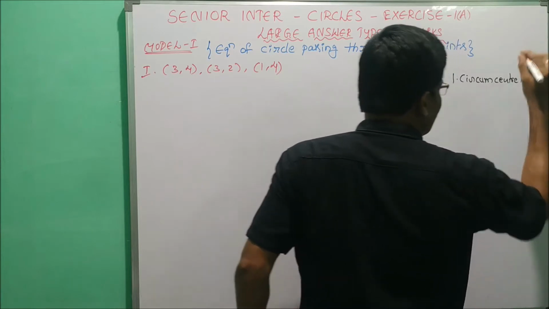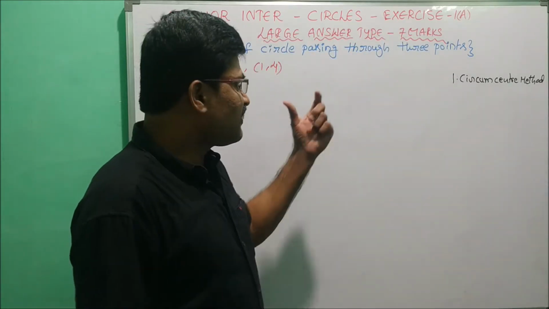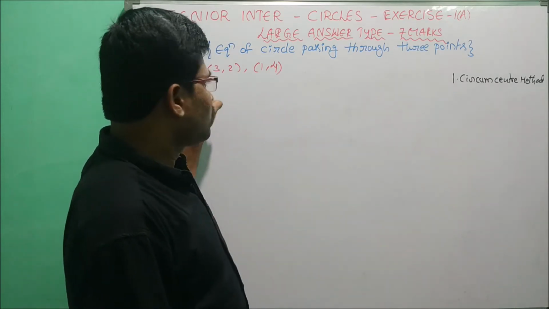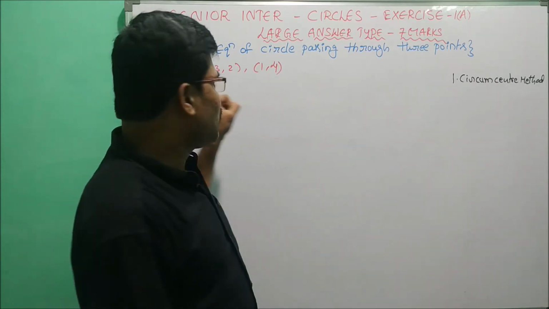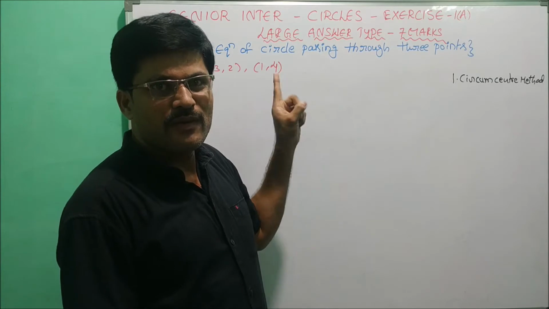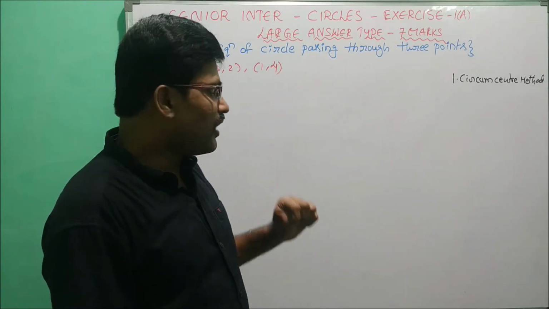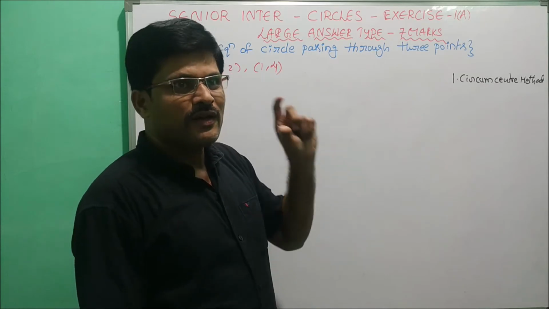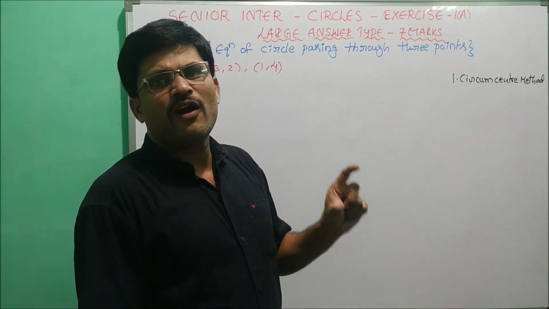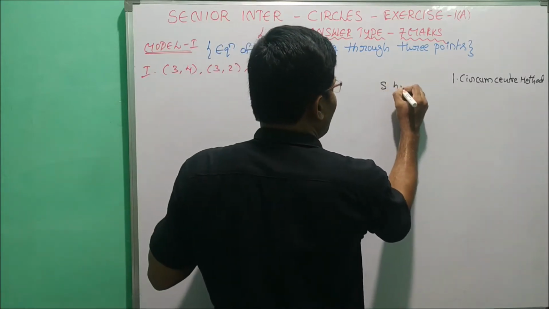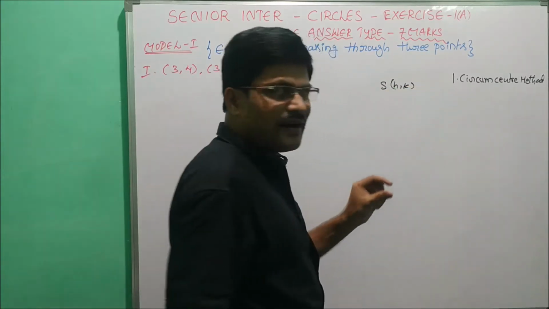In this method, first of all, consider the required circle passing through the given 3 points. Let these 3 points be 3 vertices of a triangle, and let us assume that S(h,k) is the circumcenter.